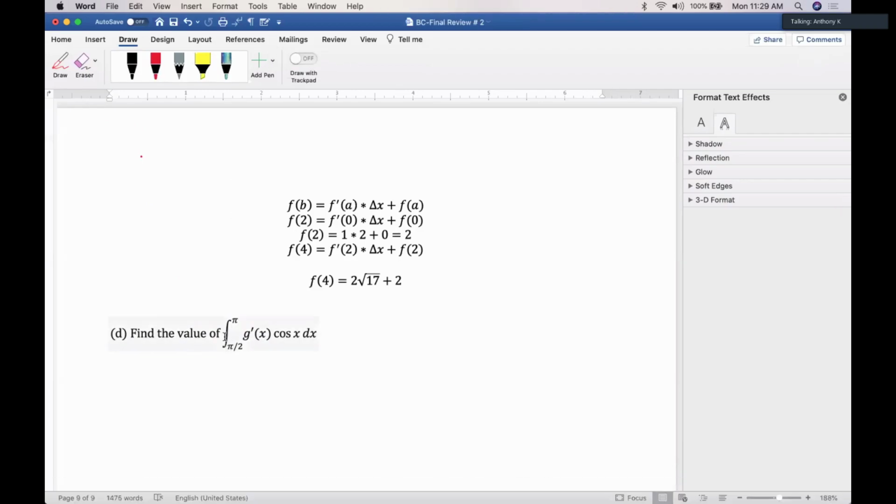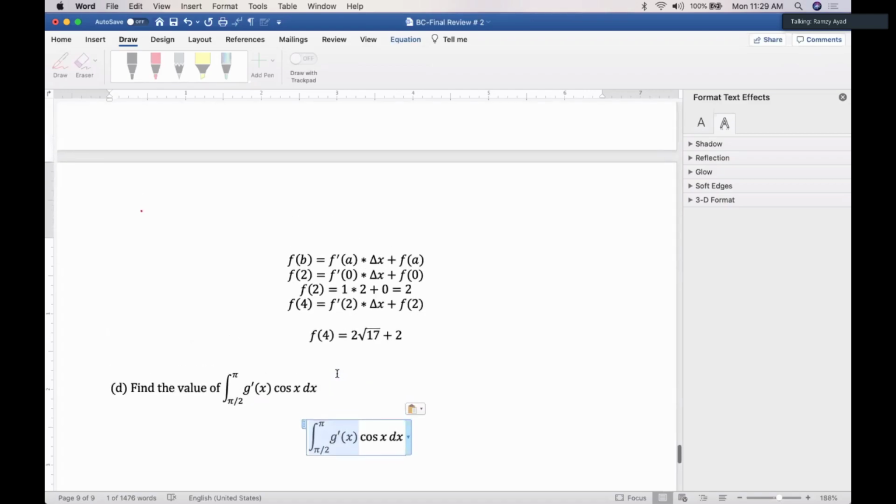Is it UDV? Exactly. They want to test you for UDV, so they inserted that part for you to use UDV. Okay. Which part would I call the U? Which part would be the DV? G prime is U. Okay. G prime. By the way, could I substitute g prime with something?